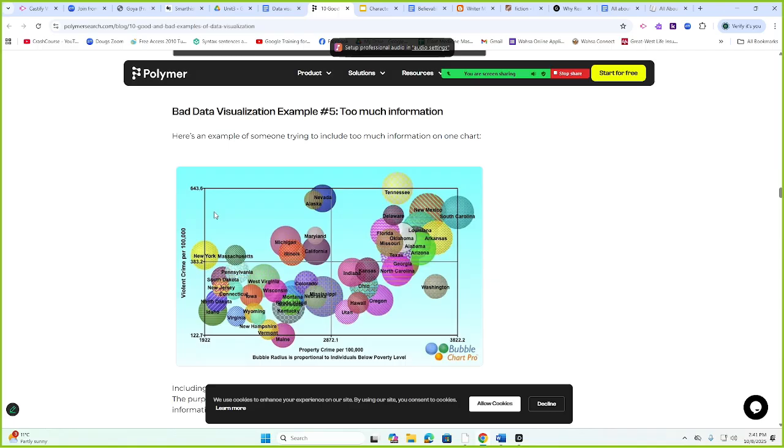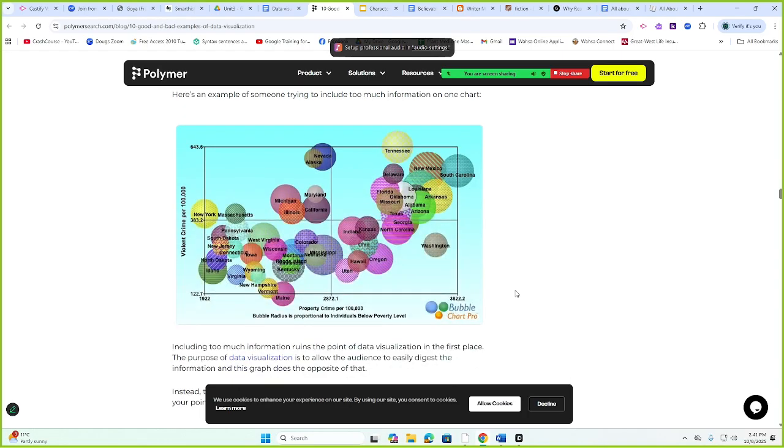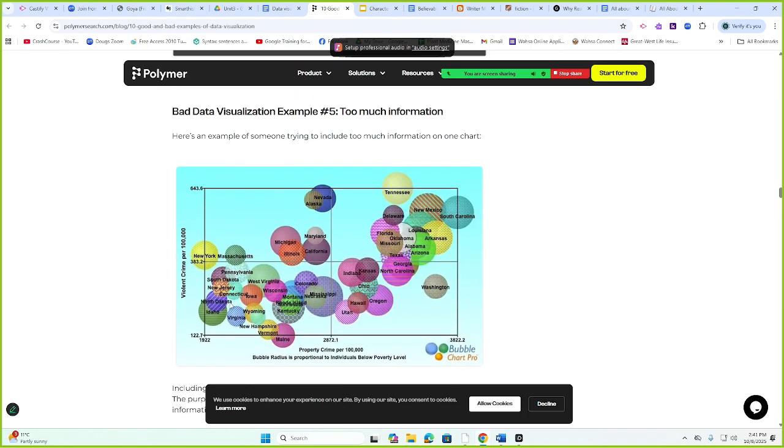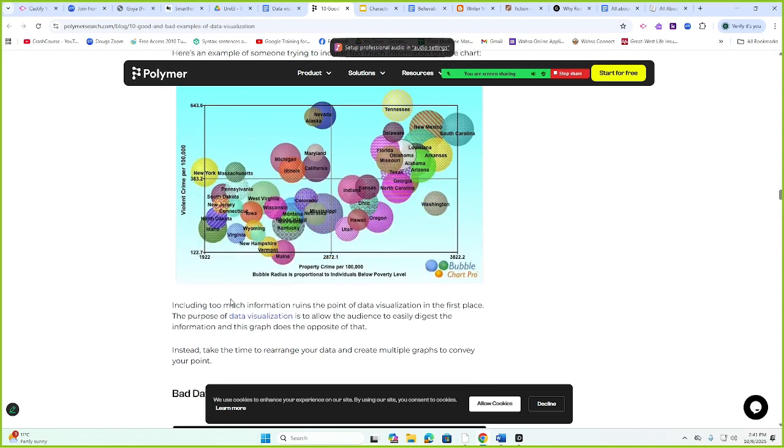Here's another bad data visualization, example number 5, too much information. It's a nice pretty chart, right? We have all these states in here, but there's overlapping happening.